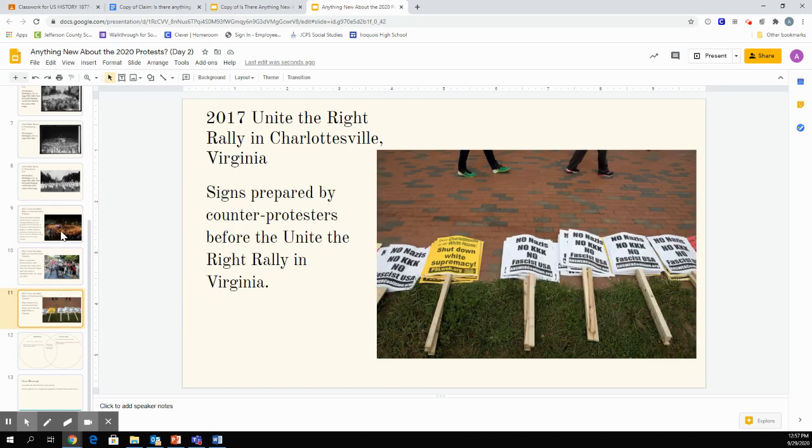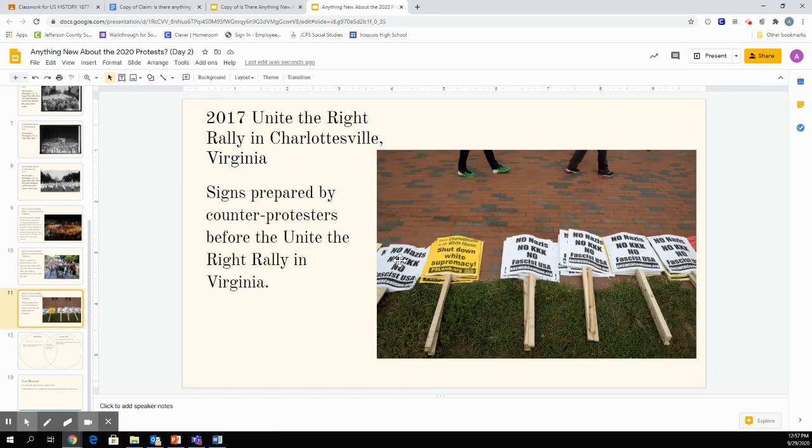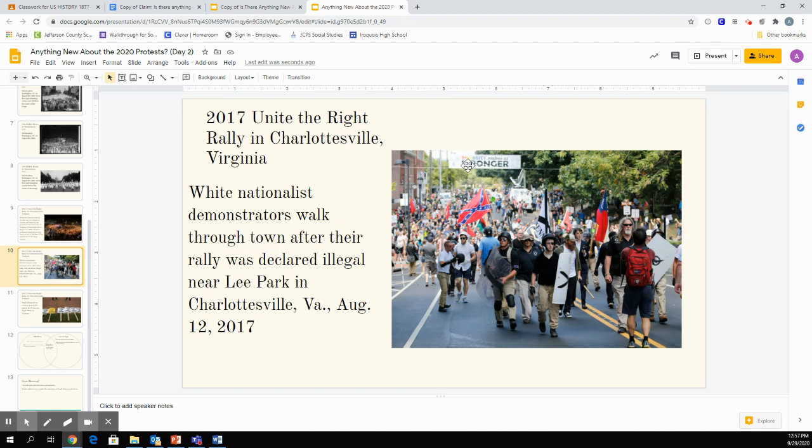So the Unite the Right rally was all about these white nationalists saying that white people were superior. But there was a counter protest that was obviously disagreeing, saying that no, white people are not superior. We need to have equality. So shut down white supremacy. No KKK. Even in this march, there's this picture up here, this banner, diversity makes us stronger. That was a counter protest.